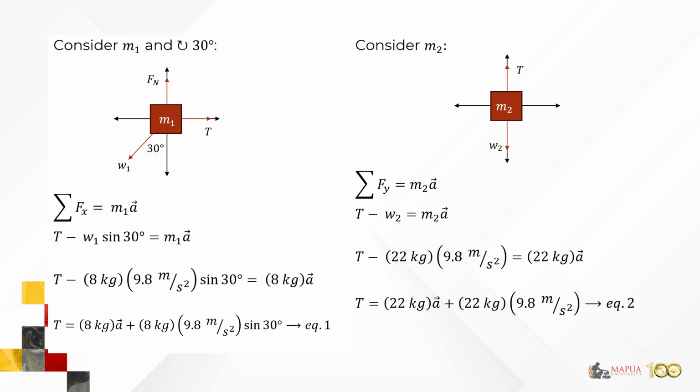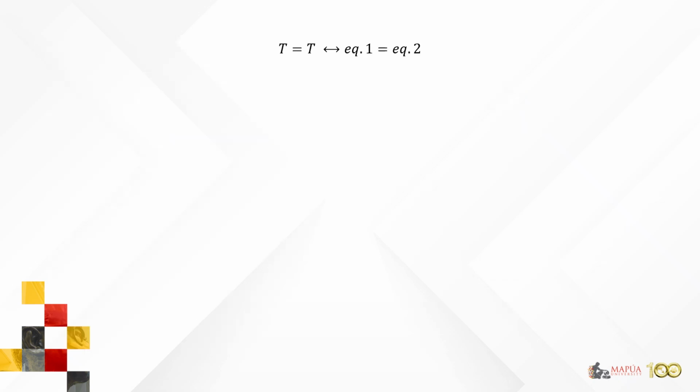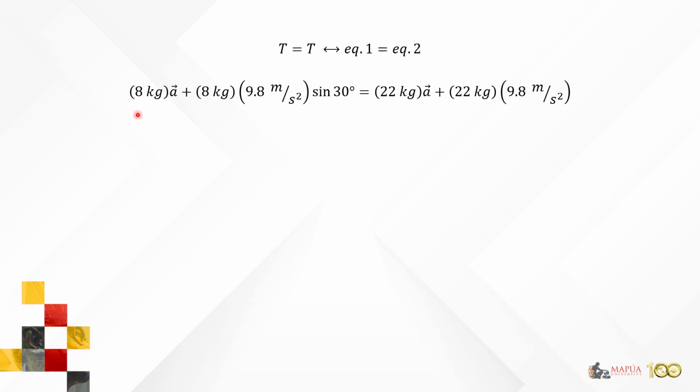So let's continue. As I've mentioned, T in the first equation is equal to the T in the second equation. So that just means that this first equation is equal to the second equation here.